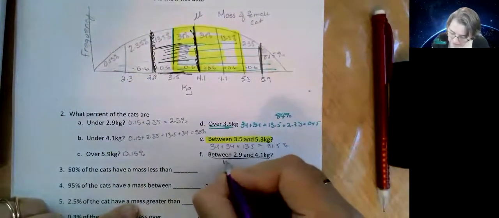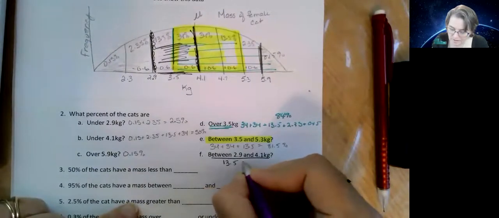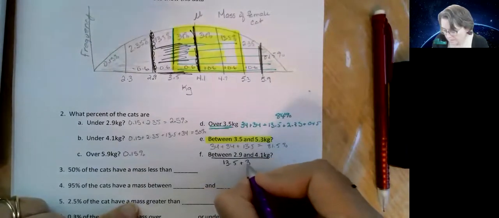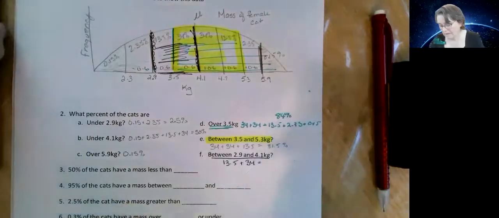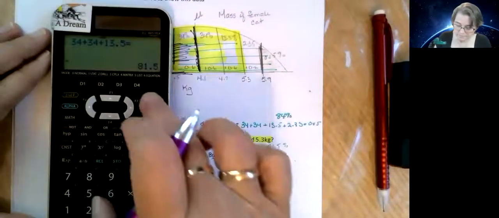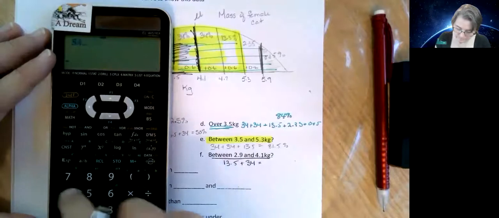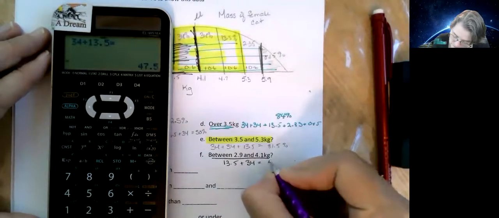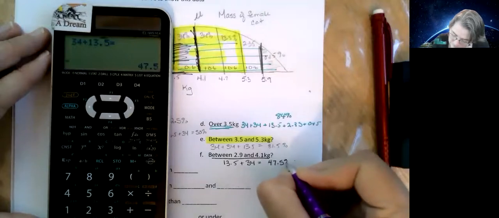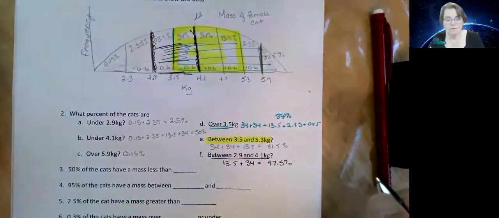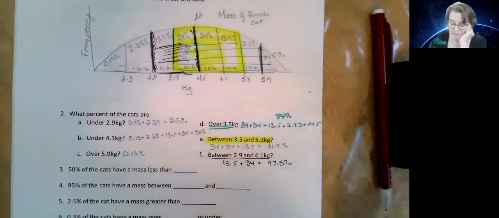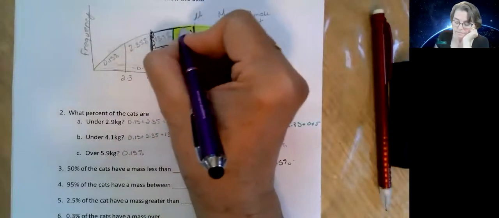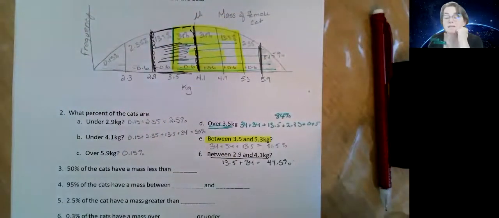So that's going to be 13.5 plus 34, 47.5%. All right. Well, hope you had no problems with that. I made a complete mess out of my picture.